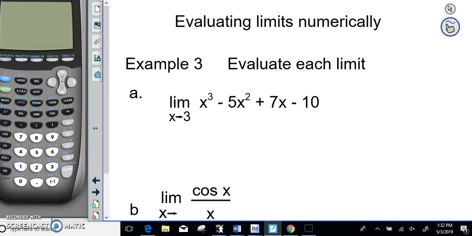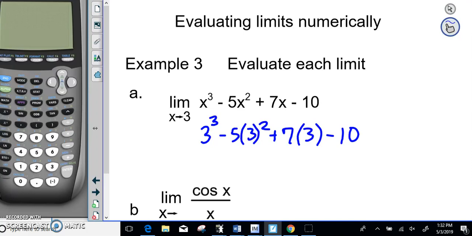So this portion, we're going to just substitute the value into the function. We substitute 3 in for x here. You can either put that directly into the calculator, or you can work it out by hand: 27 minus 45 plus 21 minus 10.